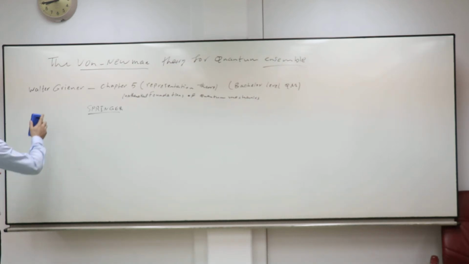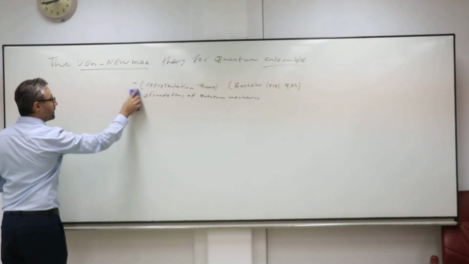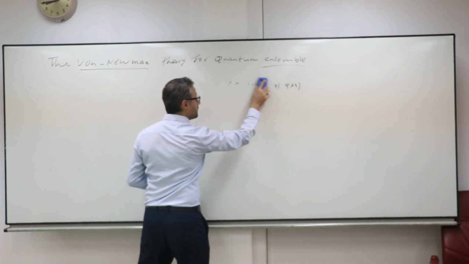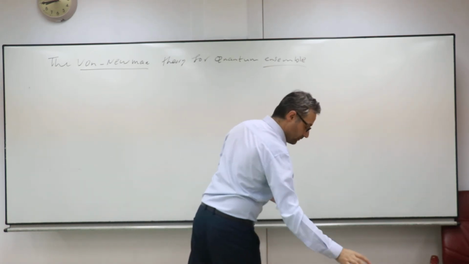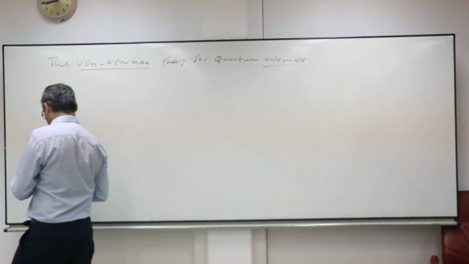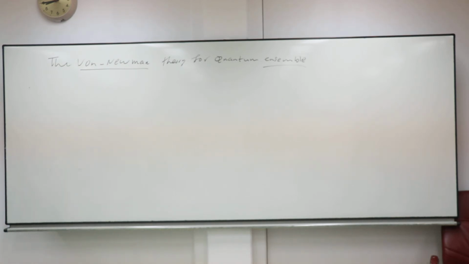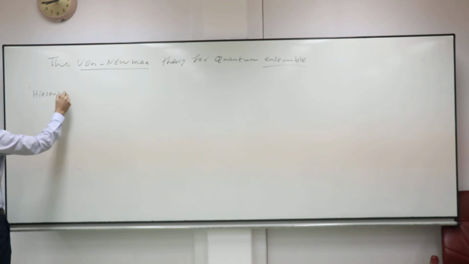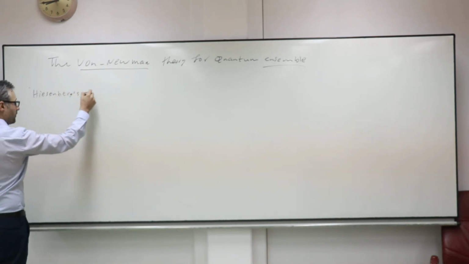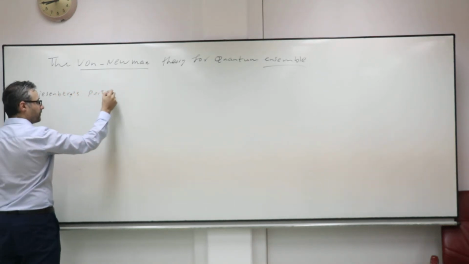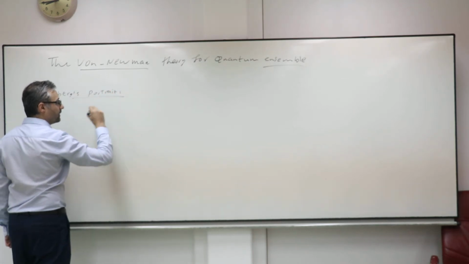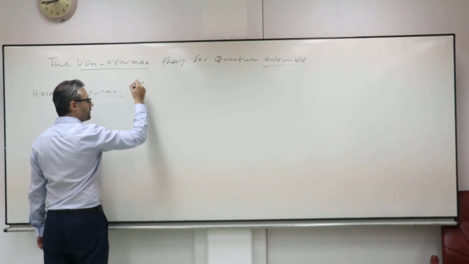Anyway, I will start with the Heisenberg representation of the operator in quantum physics. So, in the Heisenberg picture of quantum mechanics, you consider each operator as a function of time.